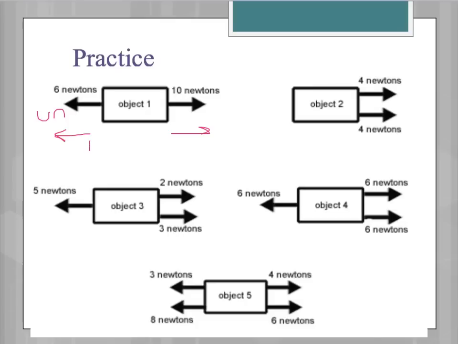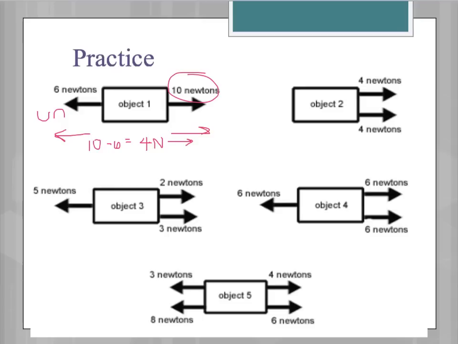So what we're going to do is say 10 minus 6, and you know that's 4. So we've got 4, capital N, for newtons, and now we need to say what direction it's going. Well, we have more newtons on this side than on the other side, so that means that it's going to end up going in this direction when they cancel each other out. And if we need some more explanation of this in class, I'd be happy to demonstrate.